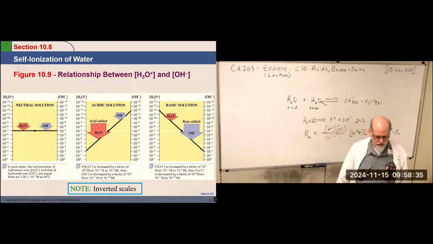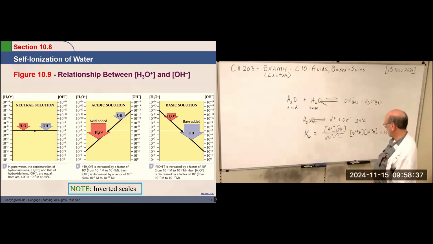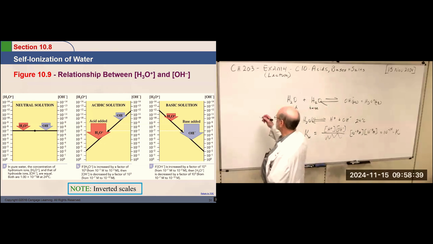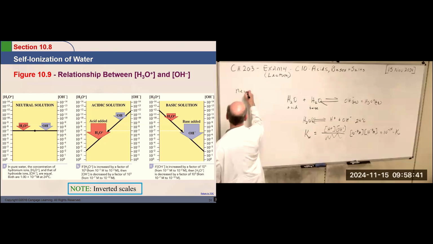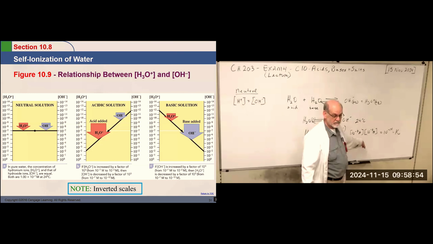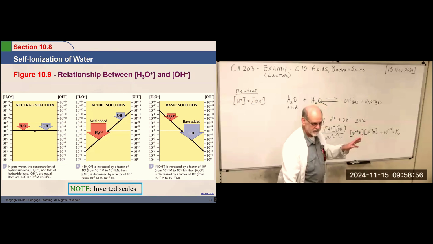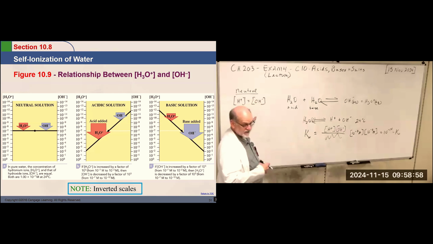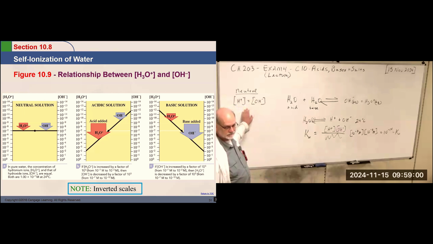So when we have a neutral solution, we're saying neutrality is where the concentration of hydrogen ions equals the concentration of hydroxyl ions. That would be the case here, right? Pure water is an example of a neutral solution, right?